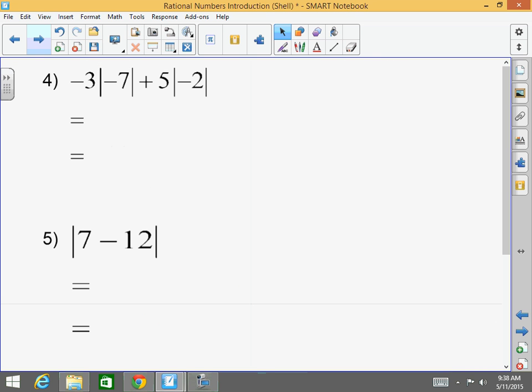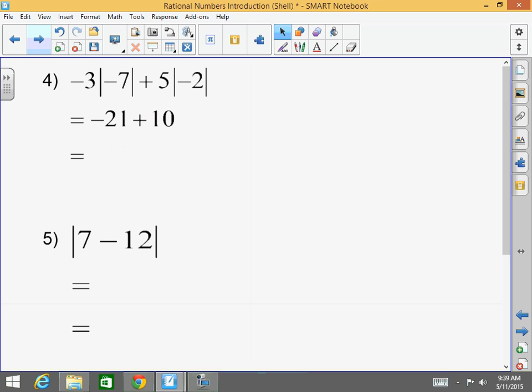Let's do some examples here. I got negative 3 times absolute value of negative 7 plus 5 times absolute value of negative 2. Okay. What does that absolute value of negative 7 become? Positive 7. What's the absolute value of negative 2 become? Positive 2.